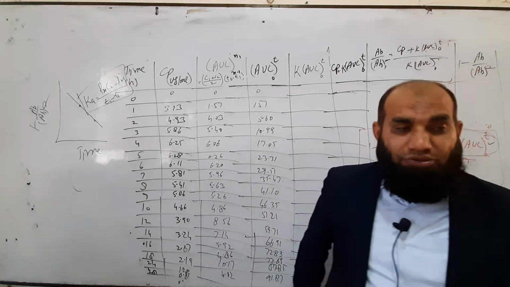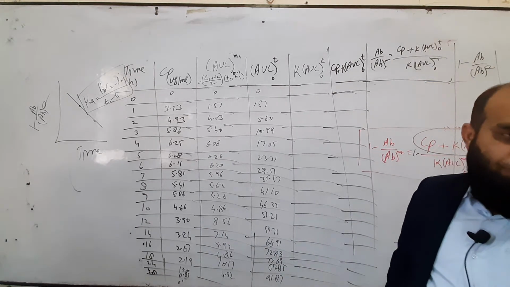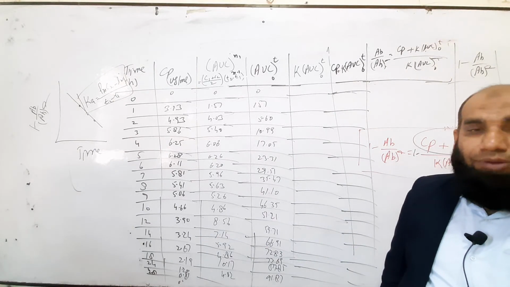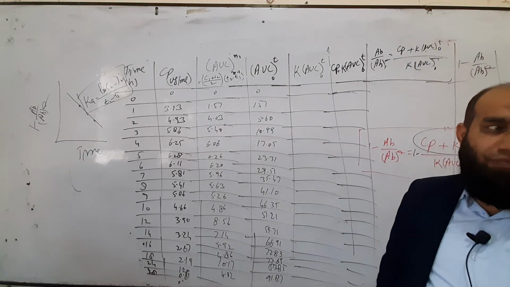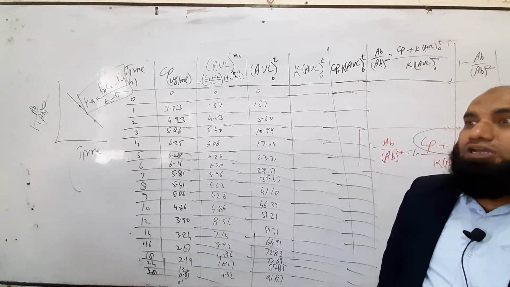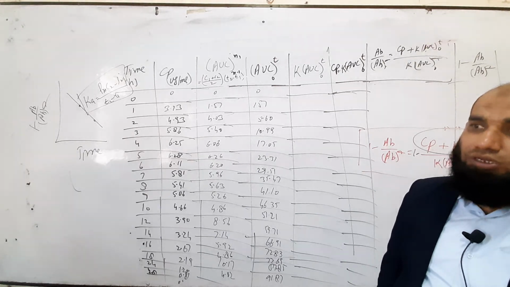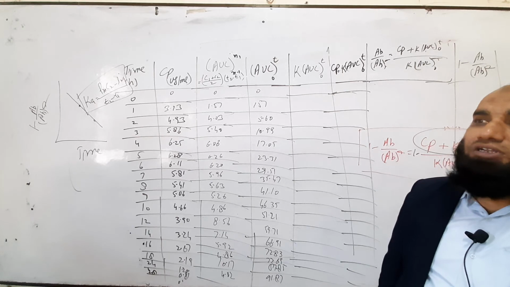So this is all about the Wagner method. By using the plasma data, we will make our practical lab to understand the concept of this Wagner. I will give you the data for each group, and we will ask all of you to calculate the absorption rate constant by using the Wagner Nelson method.